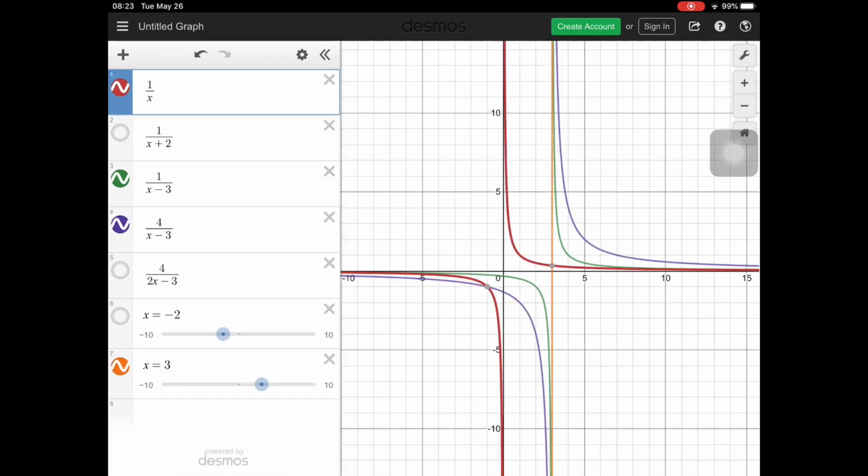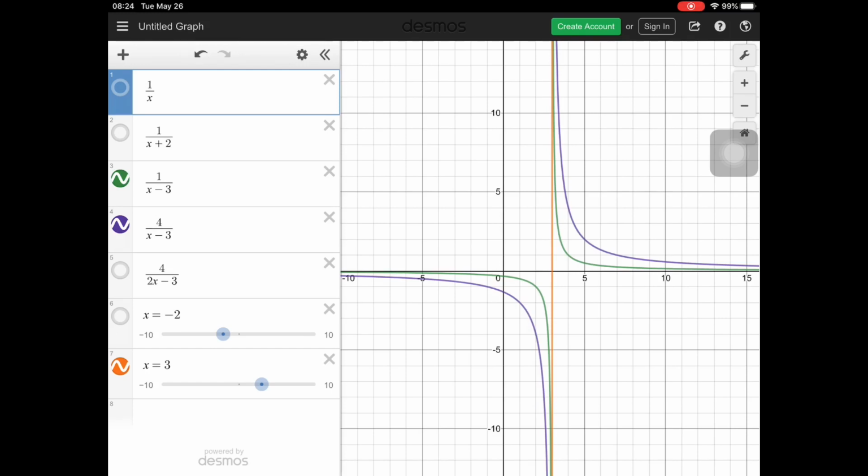Let me erase the original. If we compare these two functions, they have the same shape, but the shape changes a little bit, but the position is the same, and the vertical and horizontal asymptotes are also the same. So that's what we change if we compare function 3 with function 4.